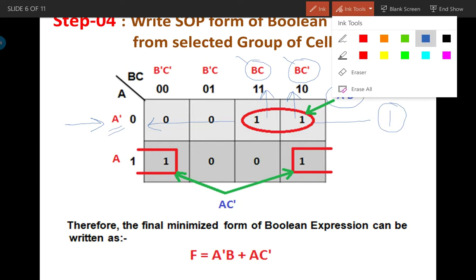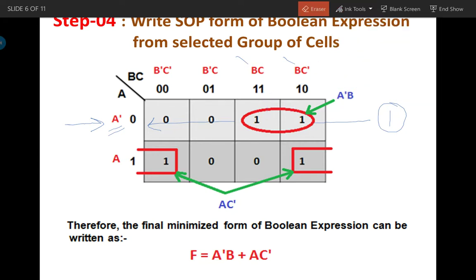Now similarly we go for the product term from the second group. From the second group, you will see on the horizontal side it covers only the second row and the variable available is A, so we write here A. On the vertical side two cells are covered, one with the expression B bar C bar and another is BC bar.